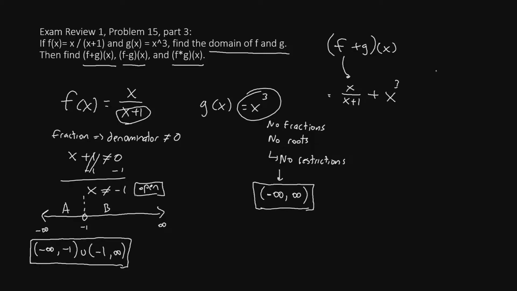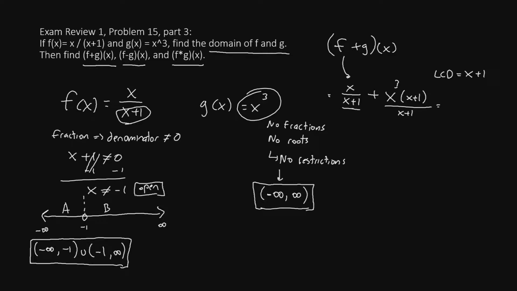To simplify this function, we can look to the denominator and remind ourselves that we have x plus 1 on the bottom, so our least common denominator here would be x plus 1. So we can place both x plus 1 on the top and the bottom and combine the two fractions that we have here.